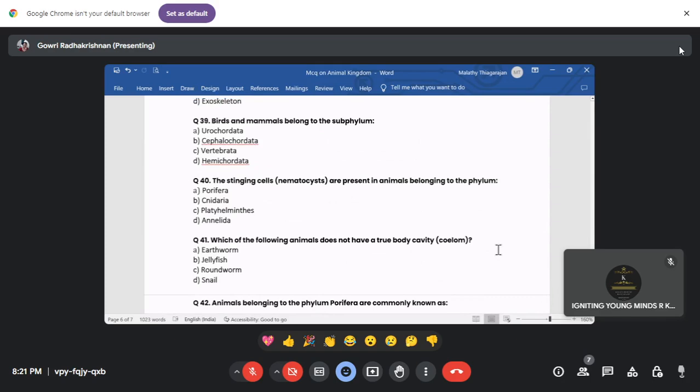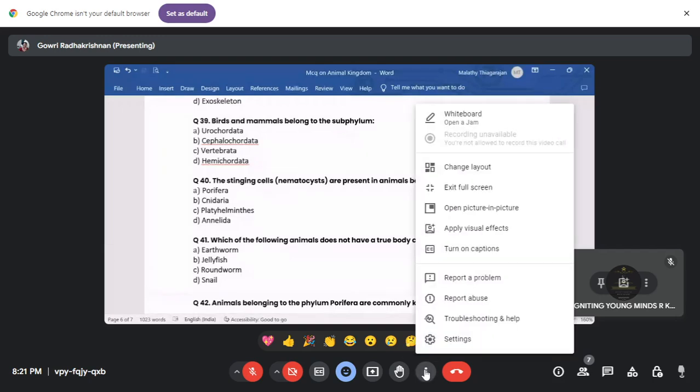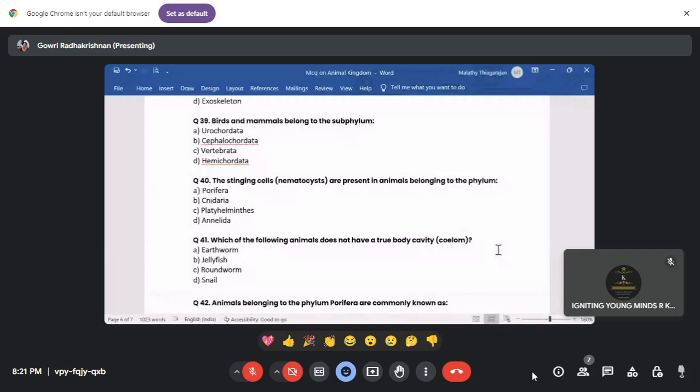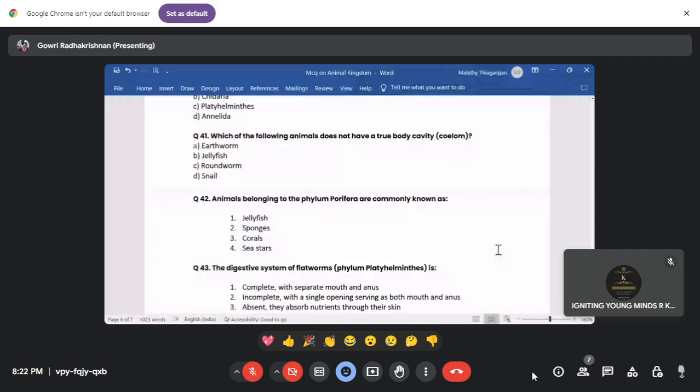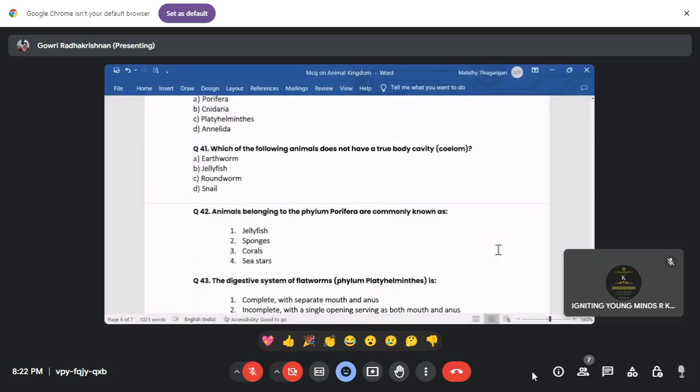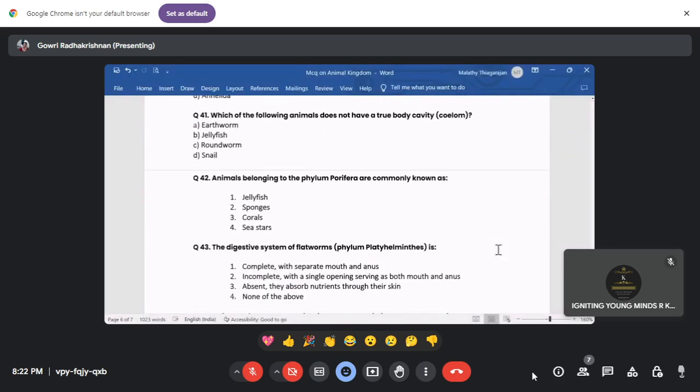Next, birds and mammals belong to the subphylum? Vertebrata. Yes. Which of the following Cnidaria animals does not have a true body cavity, coelom? Jellyfish, ma'am. Yes. One second. Which question were we doing? Which of the following?